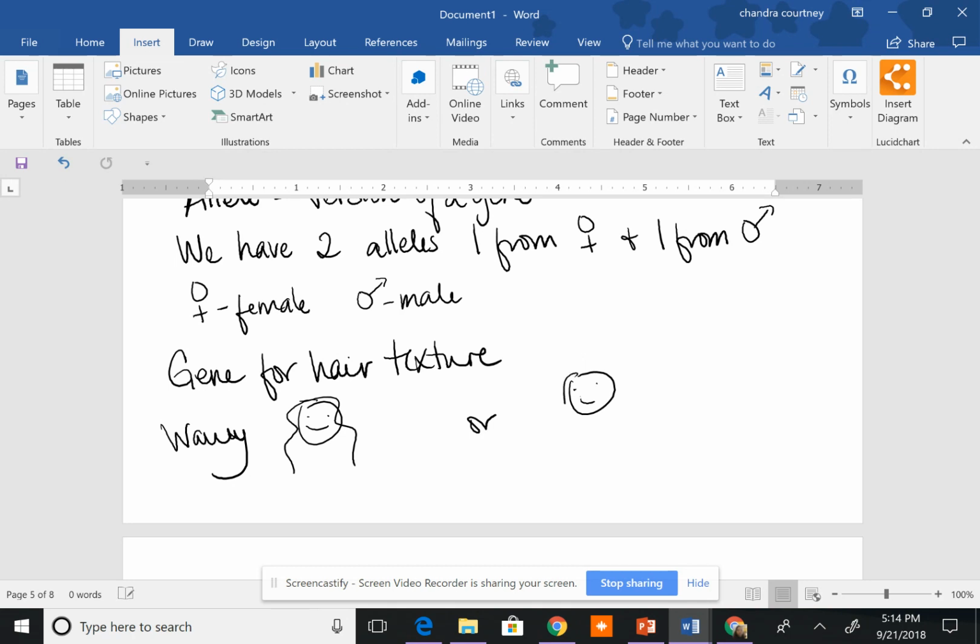I hope you guys appreciate my amazing drawing skills that don't exist. Okay, so those are my 2 alleles. I have an allele for wavy hair, and wavy hair is going to be dominant. And I have an allele for straight hair, and straight hair is going to be recessive.